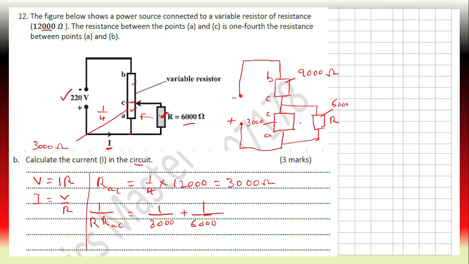So you end up with 1 over 2,000. If you want to get the combined resistance R_AC, you get the reciprocal, so it's going to be 2,000 ohms. Good.